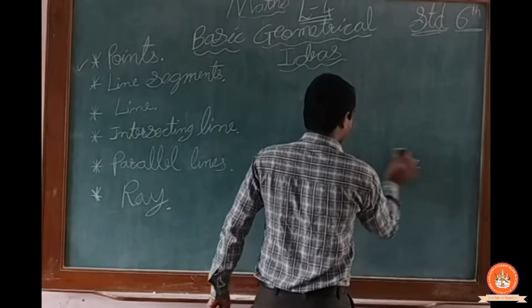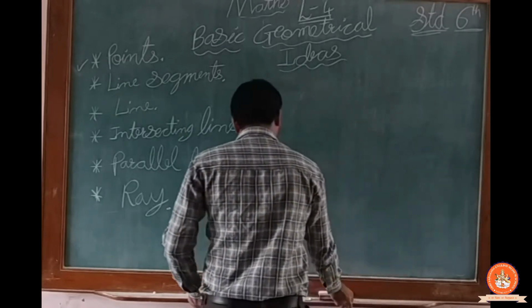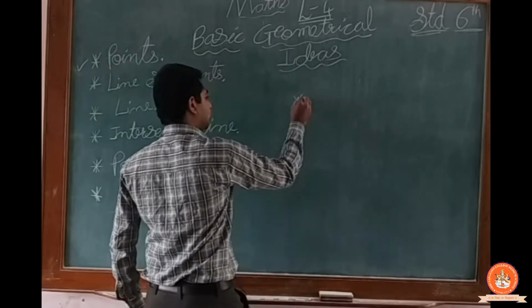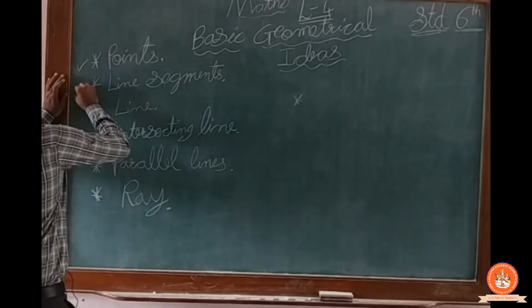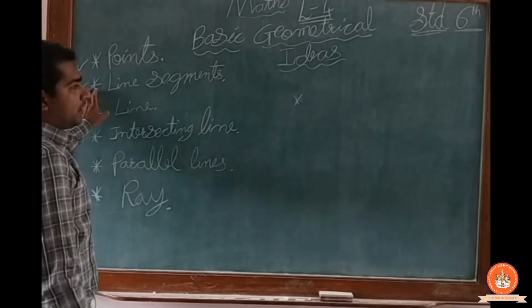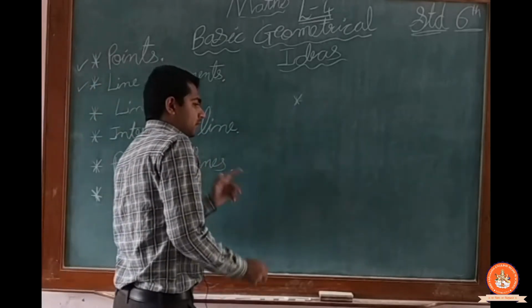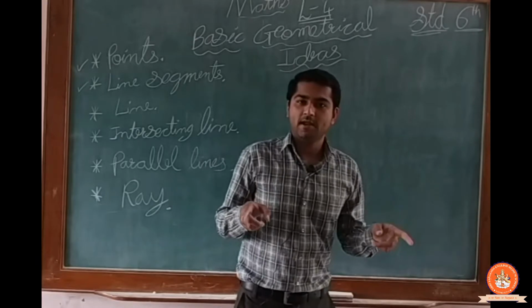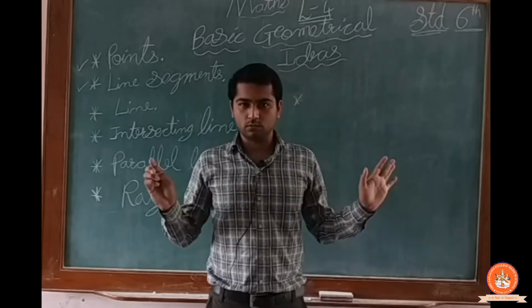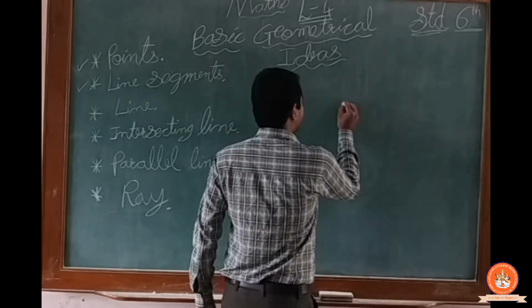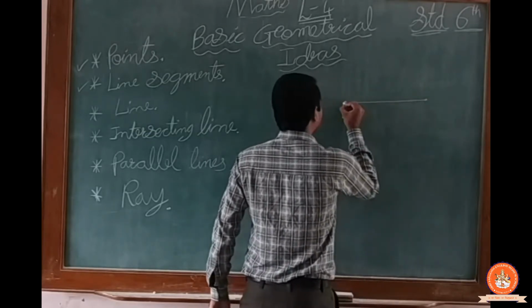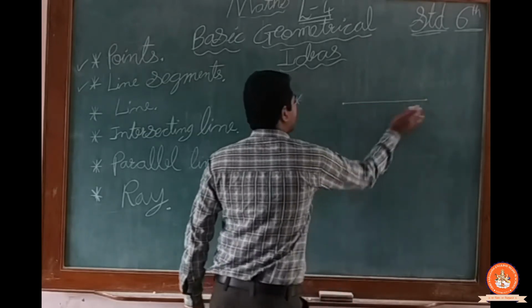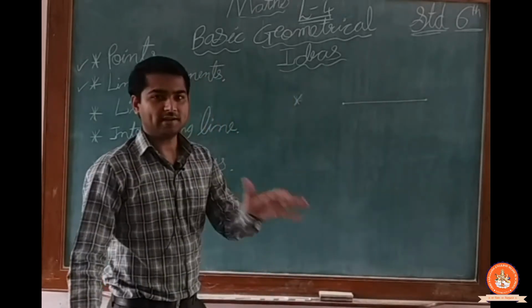Now coming to the next point in the syllabus, what is line segment? Line segment means I have 2 points and in between them one line is drawn. This is my line segment. These are my 2 points, and between 2 points there is one line, that is known as a line segment.